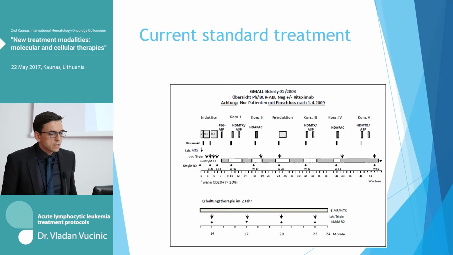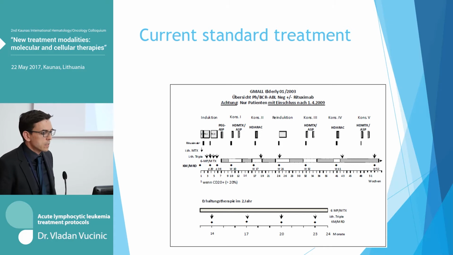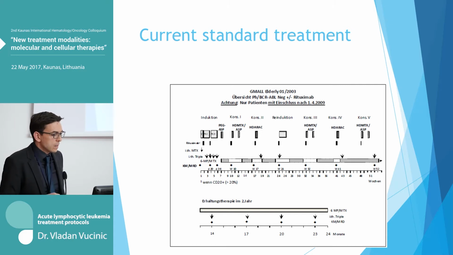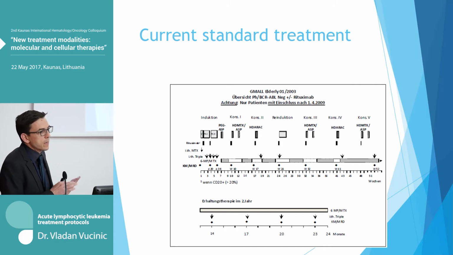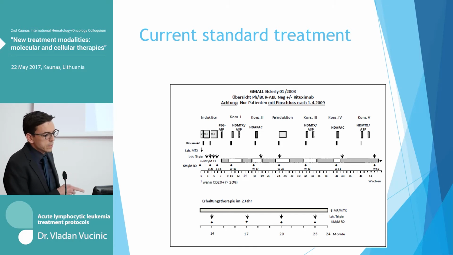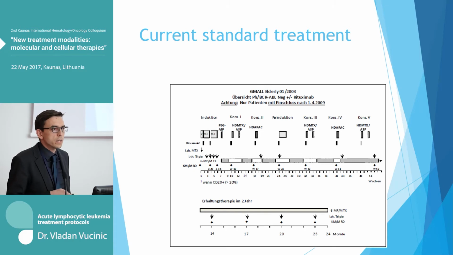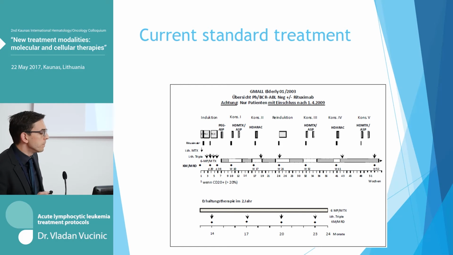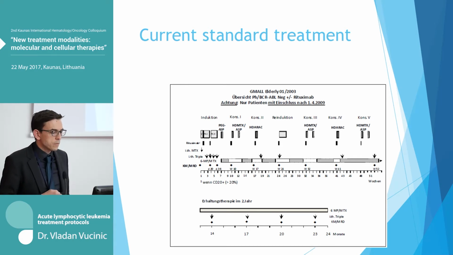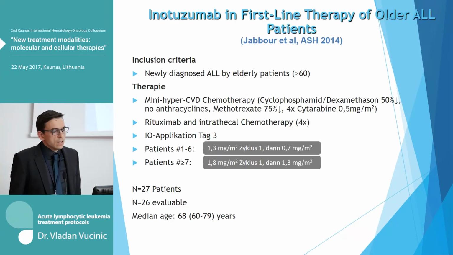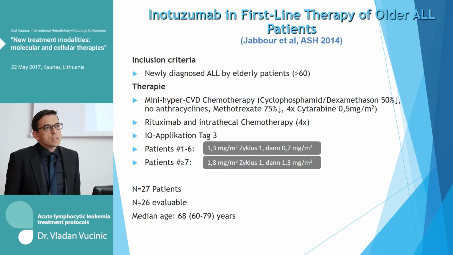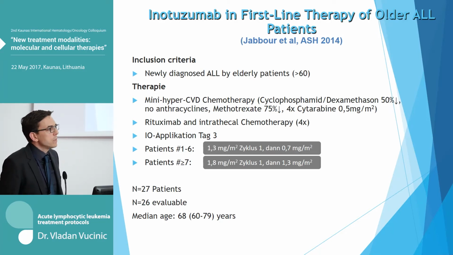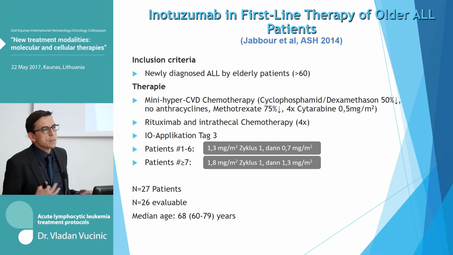So the current treatment standard looks like this. As a backbone, the BFM concept was used, but the number of chemotherapies is quite reduced and adapted to the patients who are above 55 years. Now we are standing in front of the question, can we reduce the load of chemotherapy and give something else?